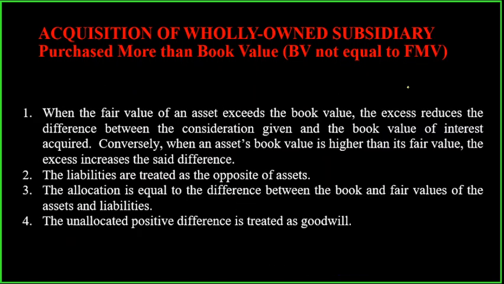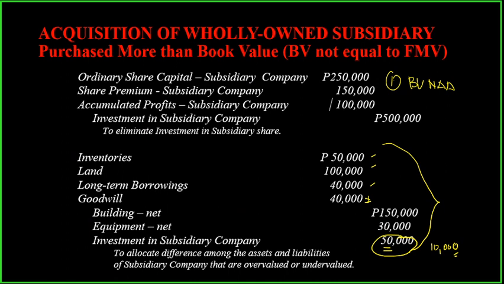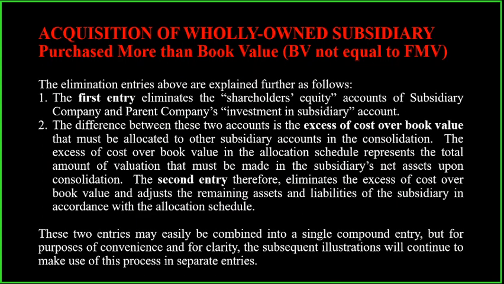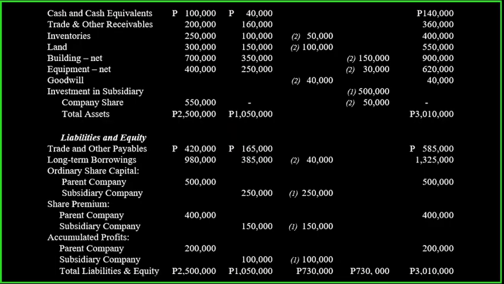Okay, so let's continue. So that's the elimination entry. After the elimination entries, if you post that to your working paper, you will have the following working paper. Ayan. So nabawasan na yung cash ni parent. Bakit? Kasi 550. So from 650 less 550, you now have 100,000.